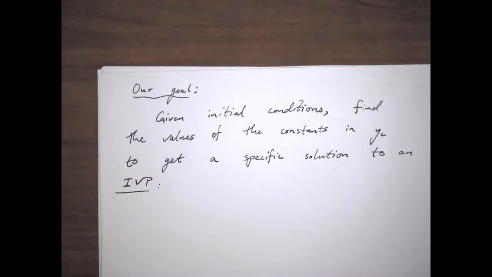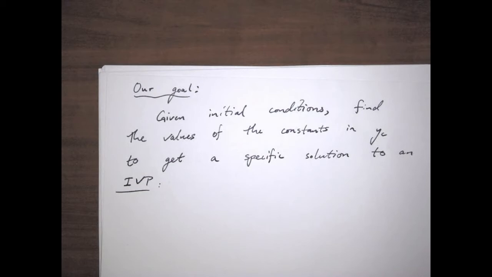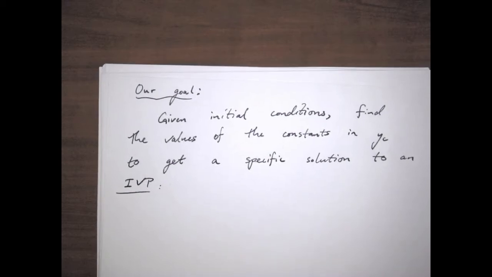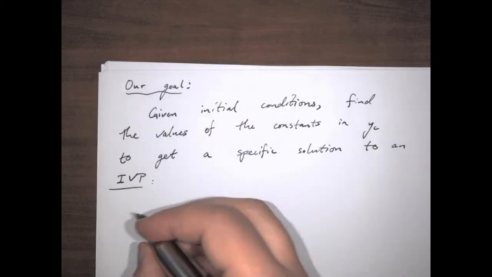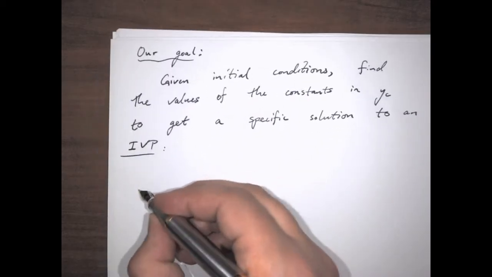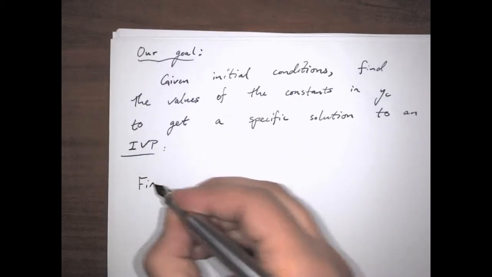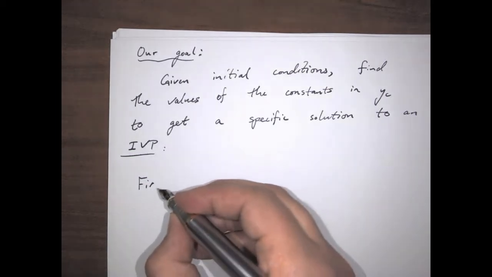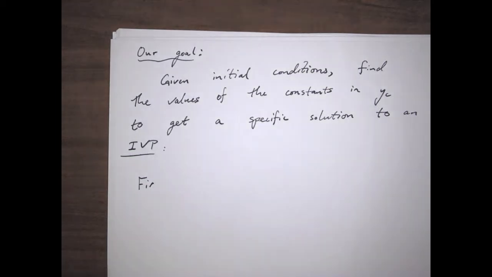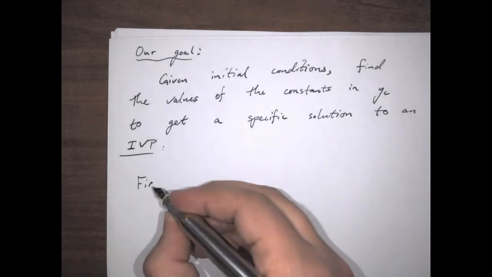So in the first installment of this, we are going to be given the yc and the yp, and gradually as we build up our skills, we'll be able to find them ourselves. So the first category of these problems is going to be given the yc and the yp. We're going to just pin down the constants.